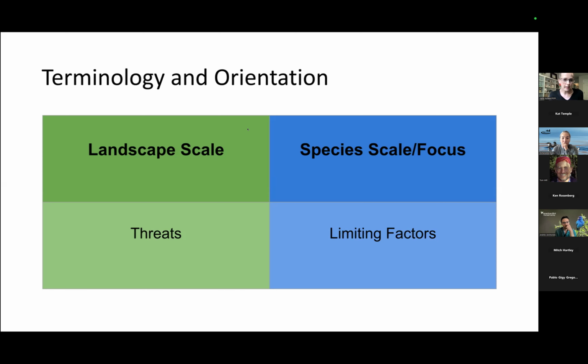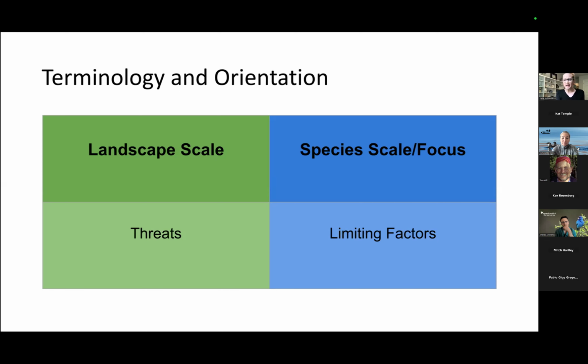So thinking about landscape level and landscape scale, here in the wheel, we're really focusing there on threats at that landscape regional scale. And what are the big threats that are having an impact on the landscapes that the specific species we're focusing on is needing. And then on the species scale and species focus side, we're able to take an examination of those threats and move more specifically to limiting factors.